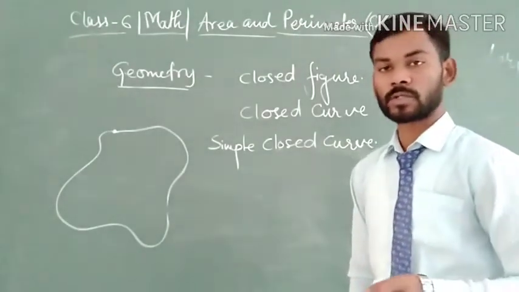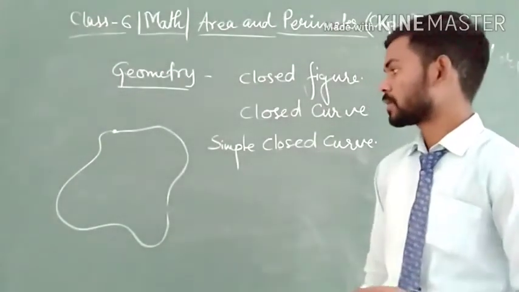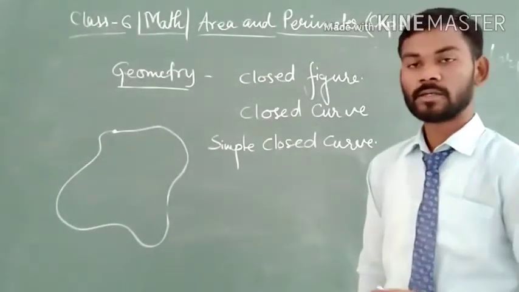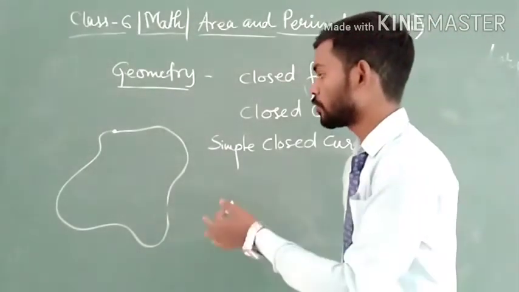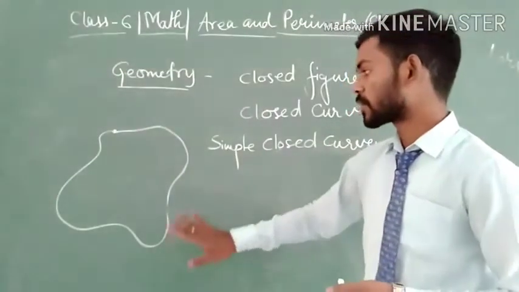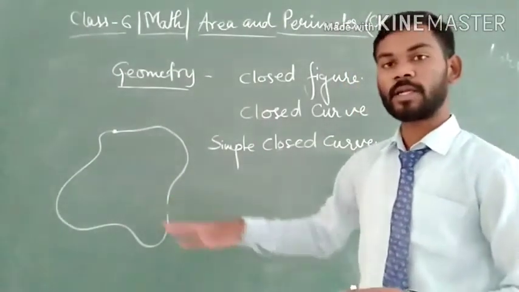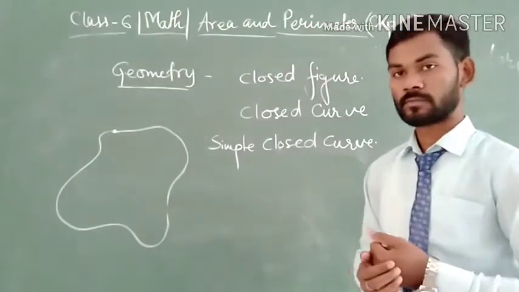They are known as simple closed curve because in this figure there is no cross section, meaning the curve doesn't cross itself at any point.